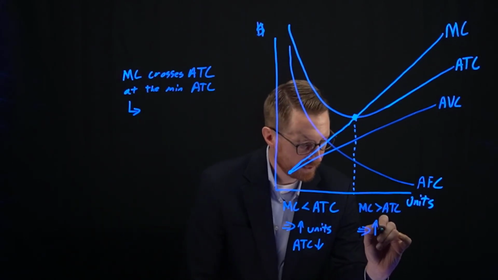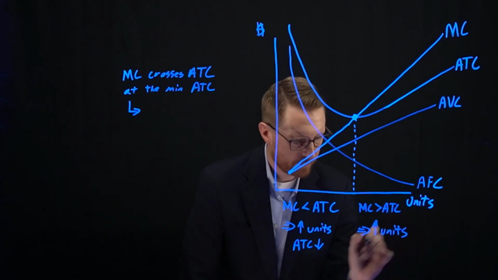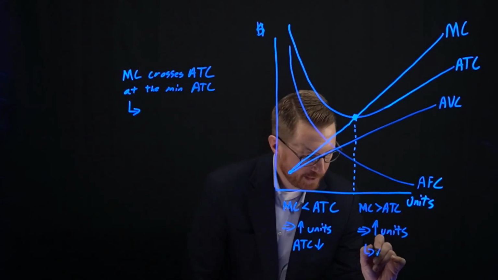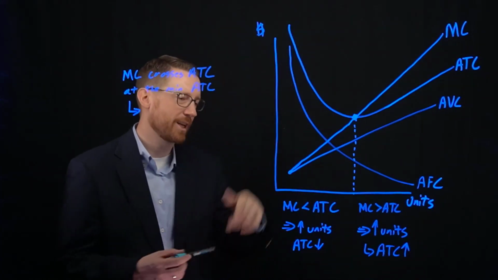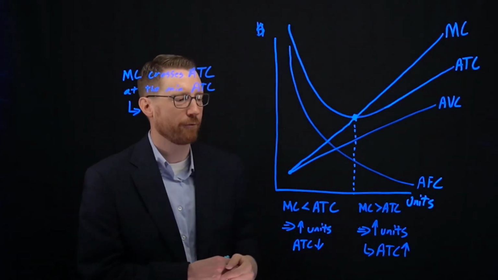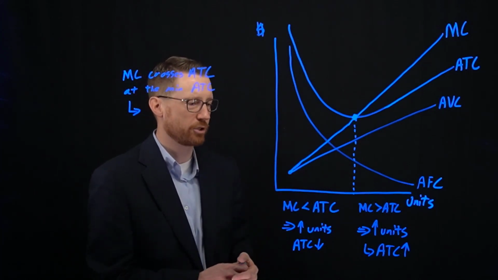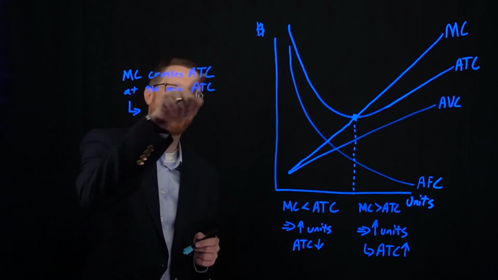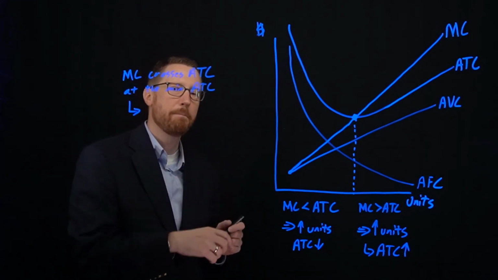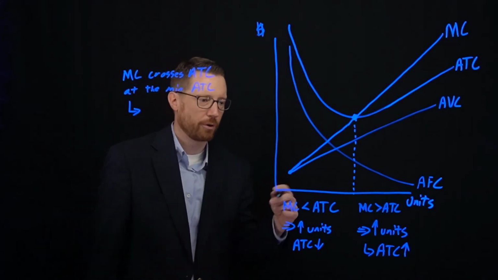That means that increasing the number of units is going to lead to average total cost increasing, right? If the next unit costs more than average, then that's going to pull up our average total cost. That's the idea here. So marginal cost crosses average total cost at the minimum average total cost.